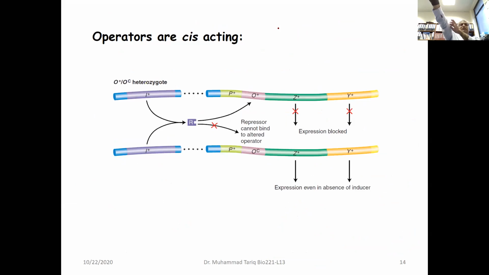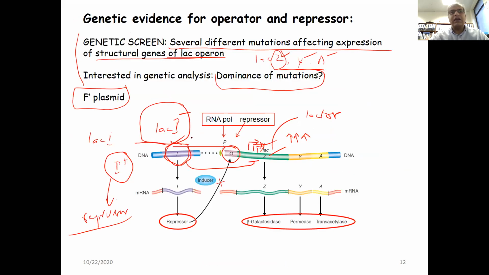Now, what have we learned so far? We have learned Z, Y, A are the structural genes of the lac operon. We have an operator sequence which only acts on its own region. We also learned that lac I was a different gene and a repressor molecule, because in the absence of lac I, Z was constitutively active.